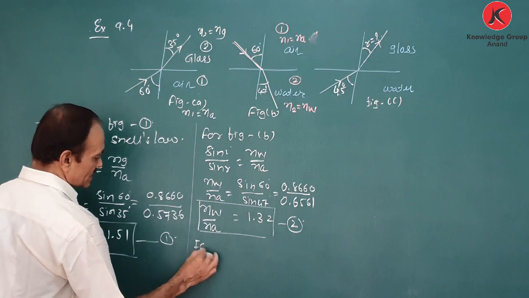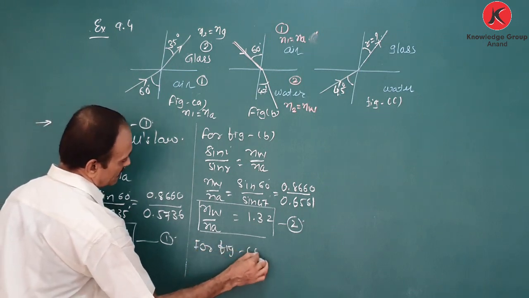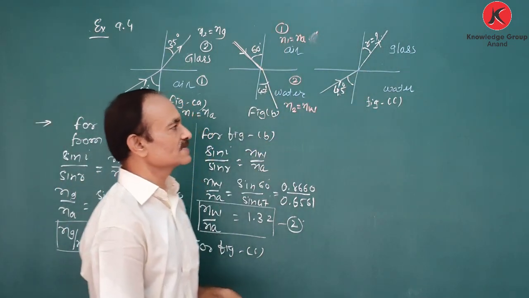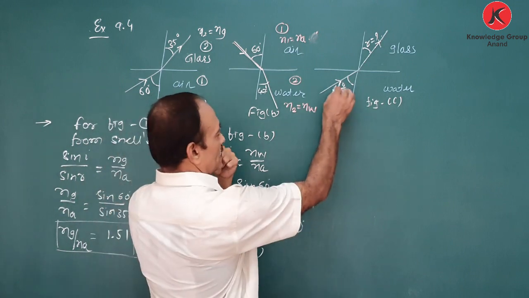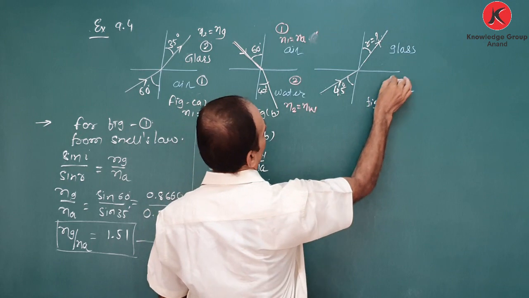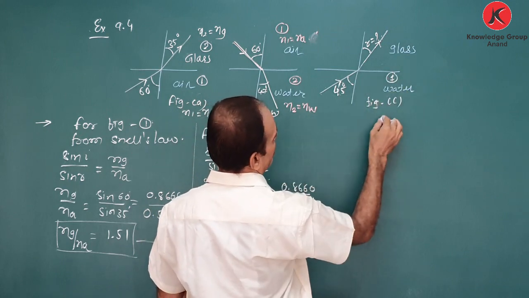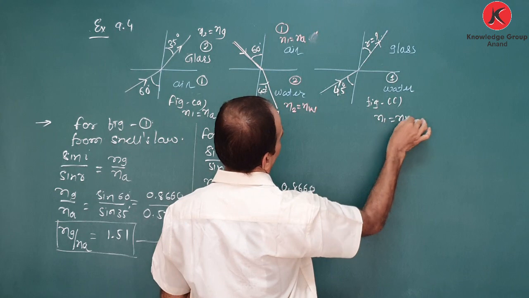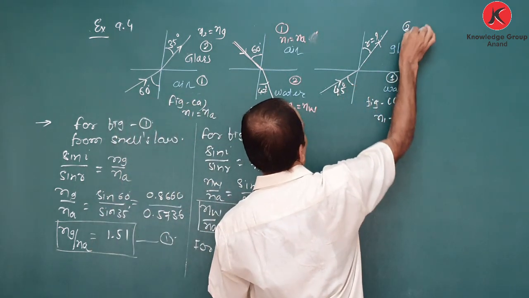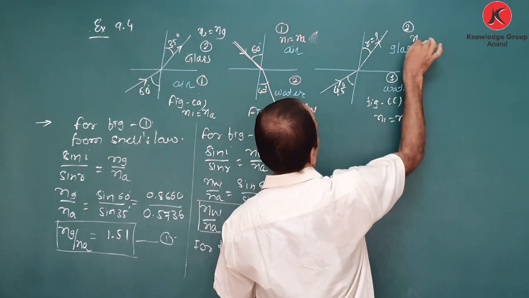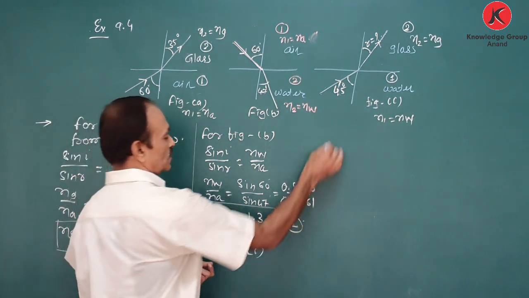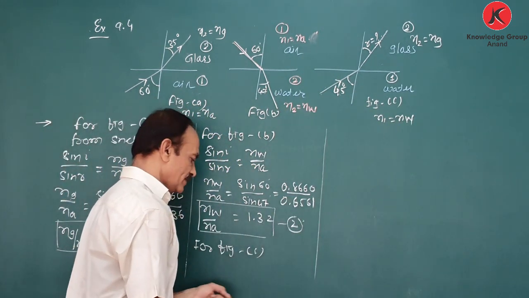Now for figure C. Here, instead of water and air, the water and glass two mediums are given. Therefore, here the incident ray enters from the water medium, so there is medium 1, and its refractive index is equal to nw. And it is refracted in the second medium, the glass medium. Therefore, n2 is equal to ng. Now, how can we write this?